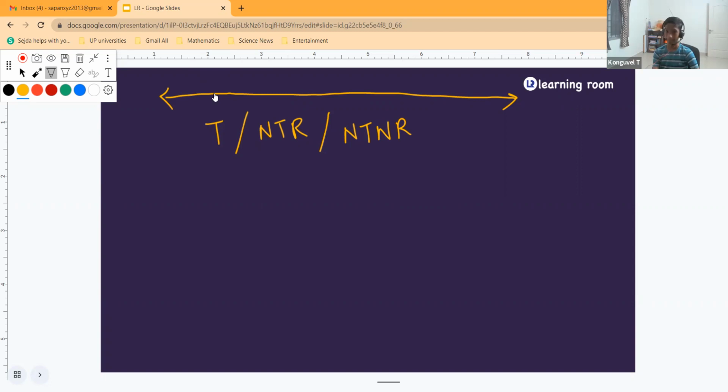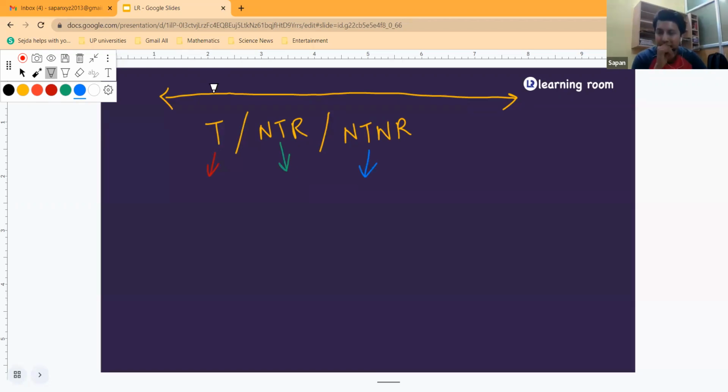Let's say I want to color these numbers. I want to give the red color to terminating, the green color to non-terminating recurring, and the blue color to non-terminating non-recurring.